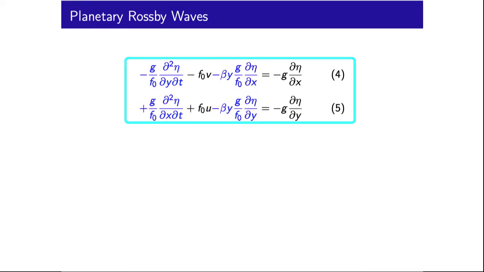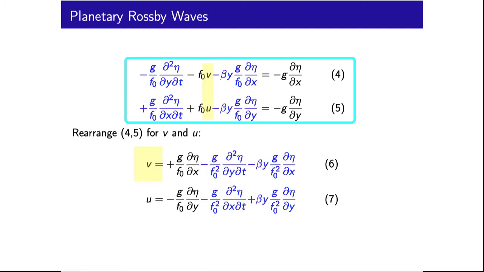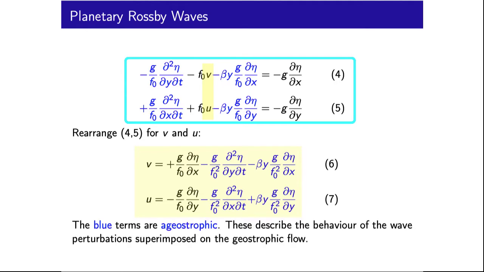We want to rearrange these new equations for u and v, finding that v is equal to gravity on the reference Coriolis parameter times the x gradient of the surface height, minus gravity on the reference Coriolis parameter squared times the y and time derivatives of the surface height, minus beta y times gravity on the reference Coriolis parameter squared times the x derivative of the surface height, and an equivalent equation for the u velocity.